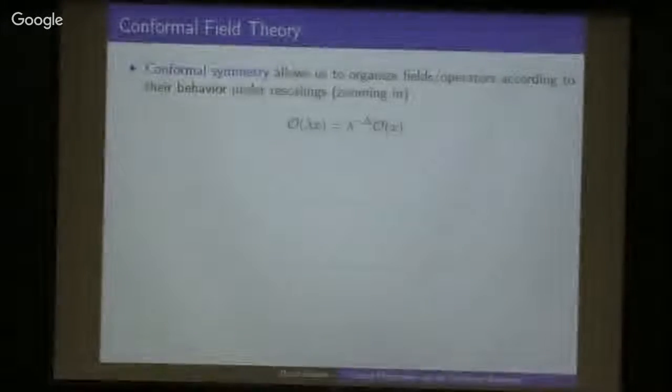Okay, so if I take my coordinates x and rescale them so that they become lambda x, then a field or operator in my theory, O of x, gets multiplied by lambda to a power, and that power is minus delta, where delta is some number characterizing the scaling dimension of the operator. In fact, these scaling dimensions are directly related to the critical exponents that can be measured experimentally.